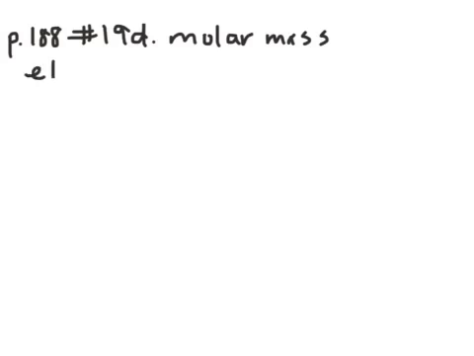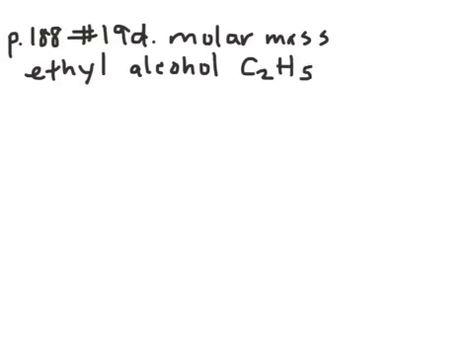So for this one, we're figuring out the molar mass of ethyl alcohol, okay, which is C2H5OH. So we have to do 2 times carbon plus how many oxygens do we have? 1, and we have 1, 2, 3, 4, 5, 6 hydrogens.